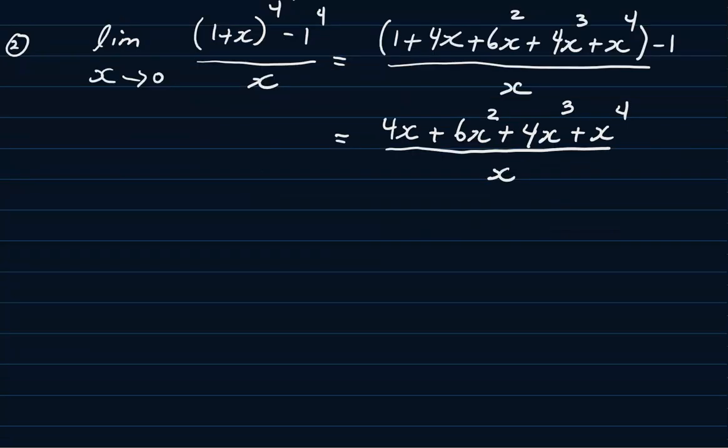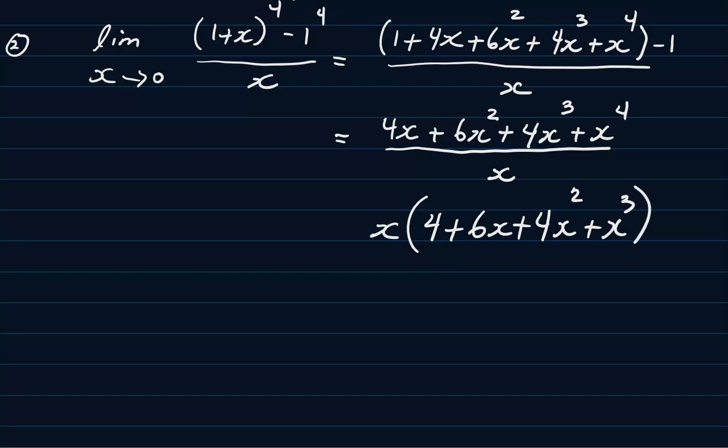Now we can easily factor the GCF out from the top. We factor out x, and you get x times (4 plus 6x plus 4x squared plus x cubed), all over x, and x divided by x cancels.